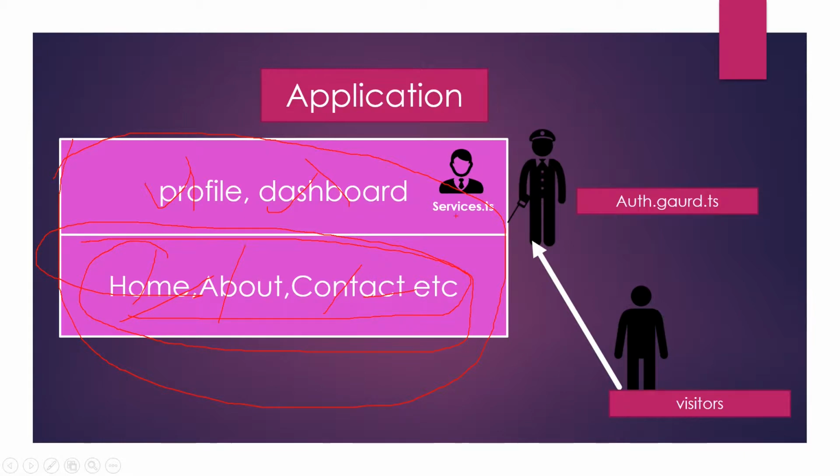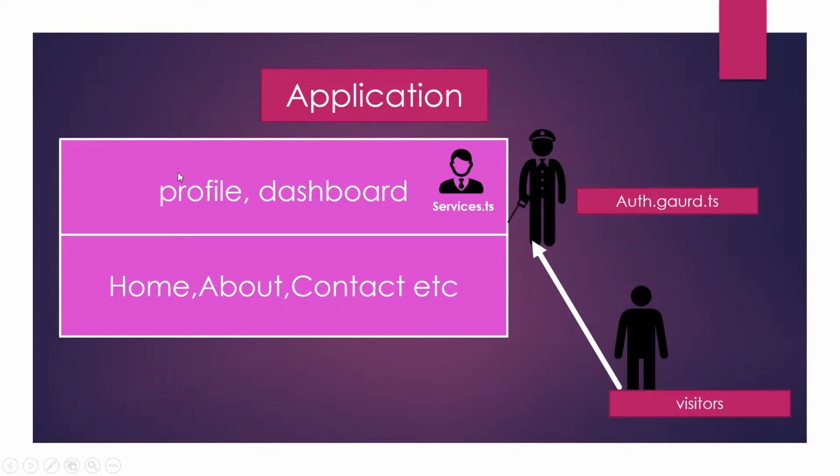So who will give permission? The service. Inside the service it will return either true or false, based on an API request. If it says true, the service tells the AuthGuard that these visitors will be allowed to enter this area.